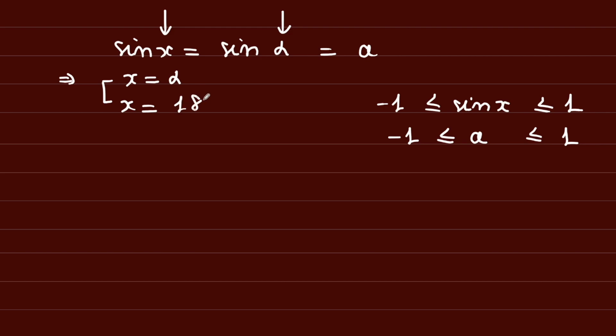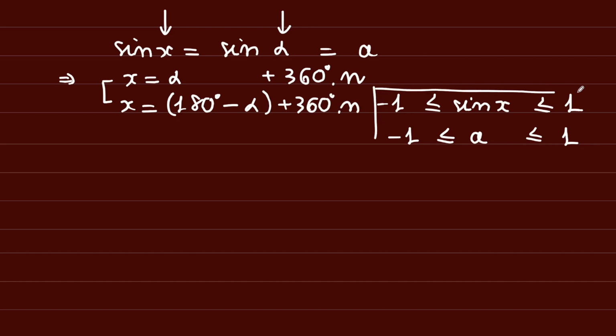It means 180 minus alpha. So that is the first part of the general solution. The second part is you need to add 360 degrees multiplied by n, and the same thing for the second general solution. And of course, this is the domain of sine x.